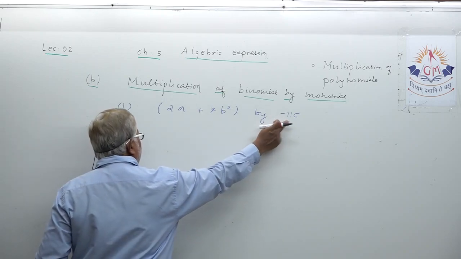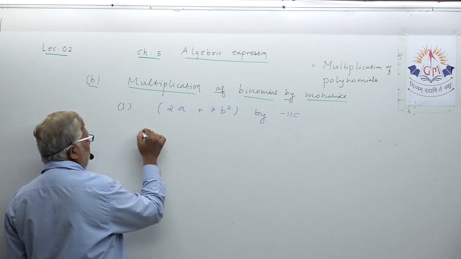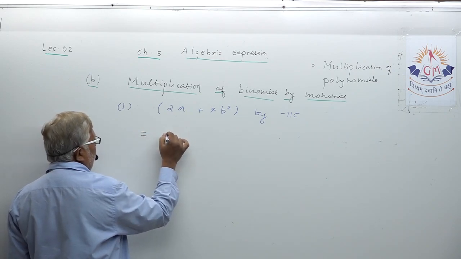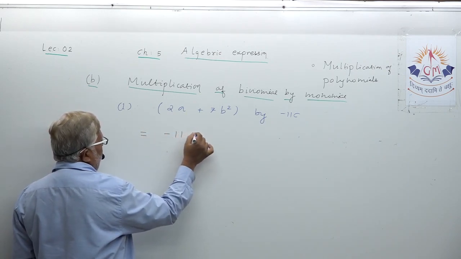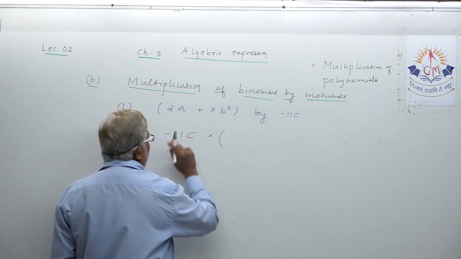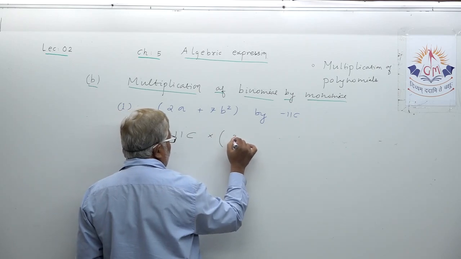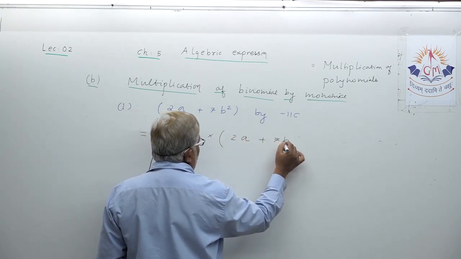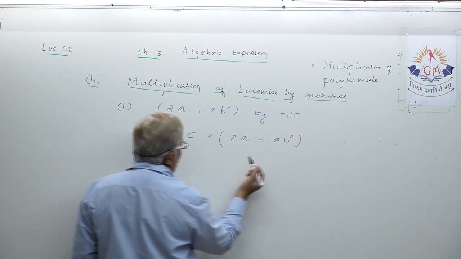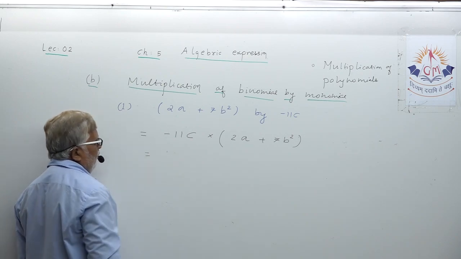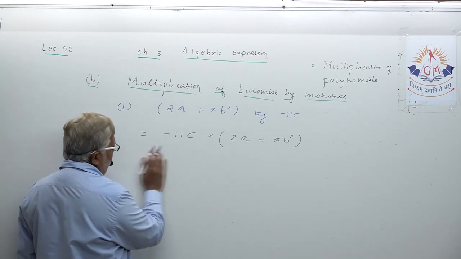How will you write the steps? So my first suggestion is you should write the monomial first. What is that? Minus 11c multiplied by, now you write the binomial 2a plus 7b square. Okay, how can we do it now? Now I need your full concentration, dear student.